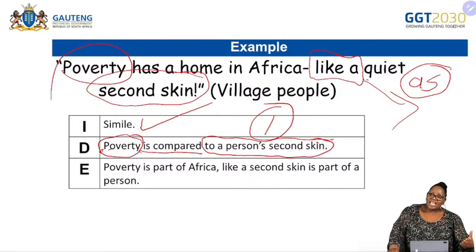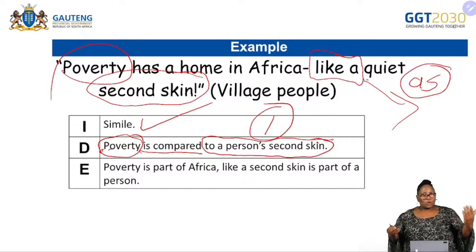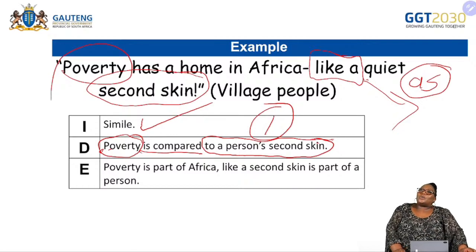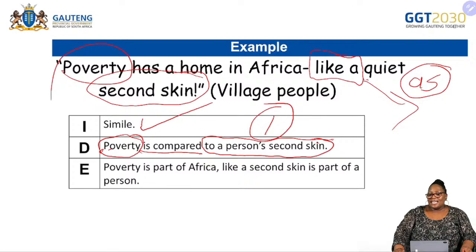Then you describe the comparison between the two things that are being compared. So we need to see that. We don't want you to give us a definition of a simile, but we want you to describe the two things that are being compared so that we see that you understand what a simile is.